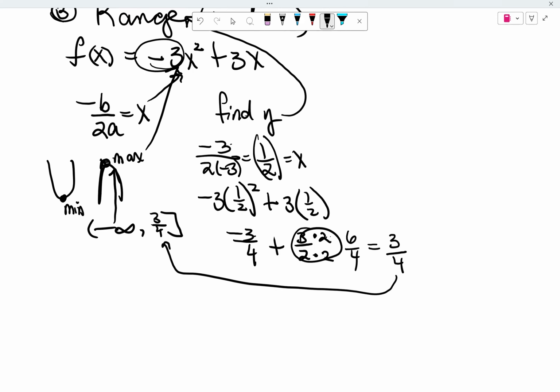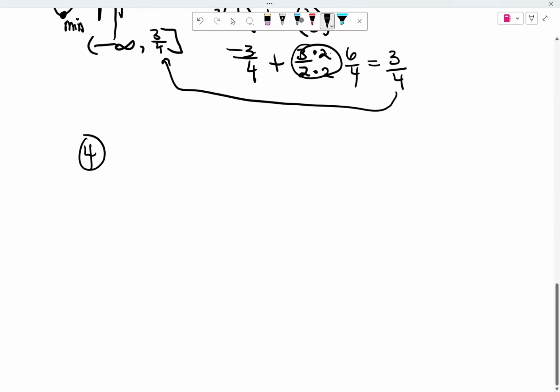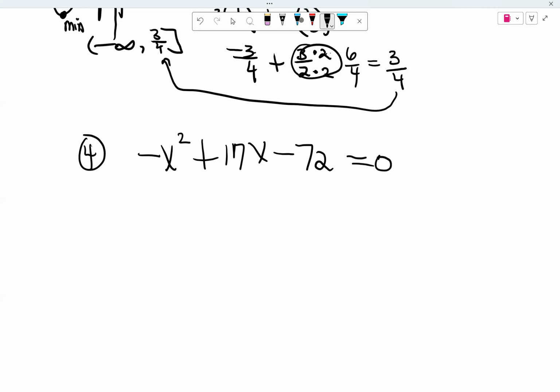Okay, number 4. You want the x-intercepts. To get x-intercepts, y is 0. So that means that this negative x squared plus 17x minus 72 is equal to 0.